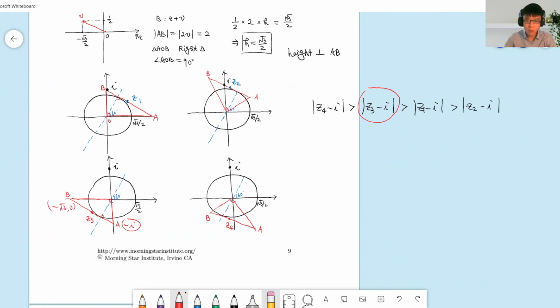That's the coordinates of A and B. So actually we have z3. z3 is minus root 3 over 2, the x coordinate, and the y coordinate is minus half. And in this way, we can get z3 minus i equals minus root 3 over 2 minus 3 over 2 i. Its modulus equals root 3.